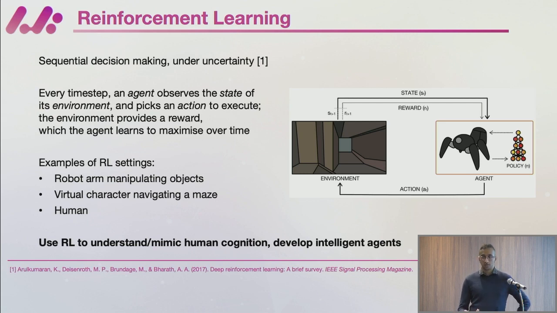And of course, we think that we can actually describe human behavior under the framework of reinforcement learning because we have our goals and objectives. We perform actions in the environment and we get feedback from the environment in terms of, say, delicious food, or punishment for doing something wrong. So my research is really centered around using reinforcement learning to understand human intellect as well, human behavior, and use this to develop intelligent agents.